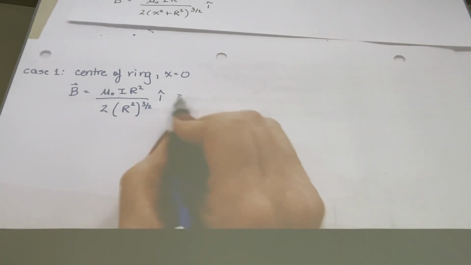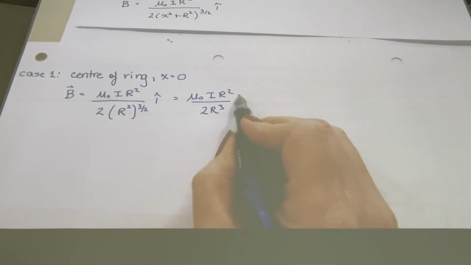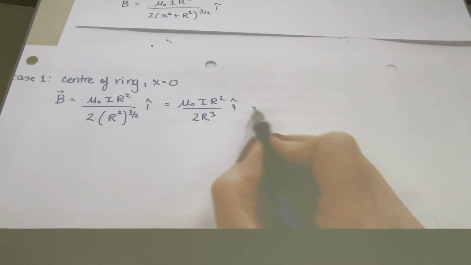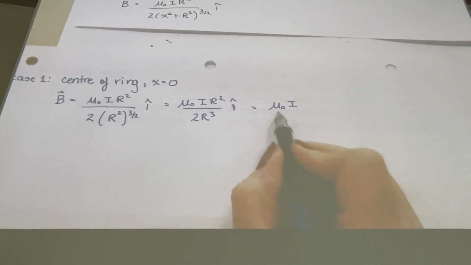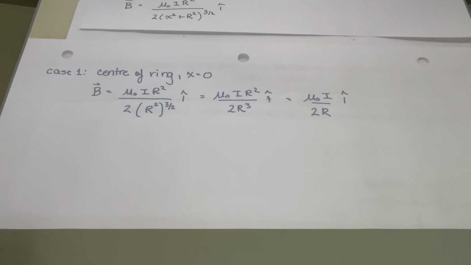R squared to the 3 over 2 is r cubed. Got r squared on top, r cubed on the bottom. That leaves us with an r on the bottom.